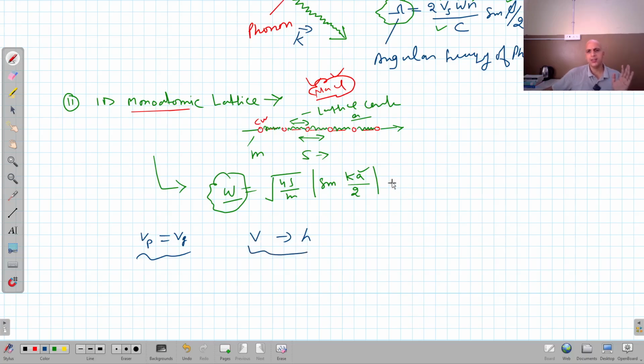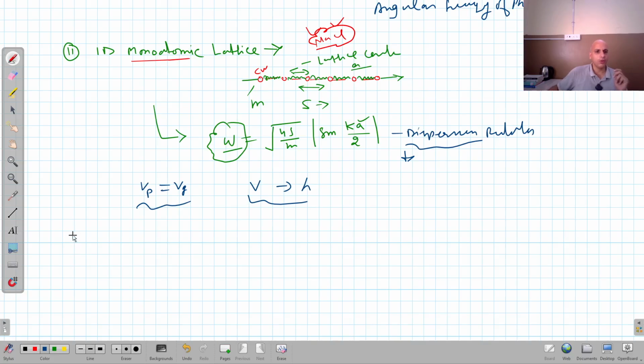So by using this dispersion relation, I can check when the dispersion will take place. So we have two conditions for the monatomic lattice. The first one is the condition when we have small frequencies of vibrations, right?